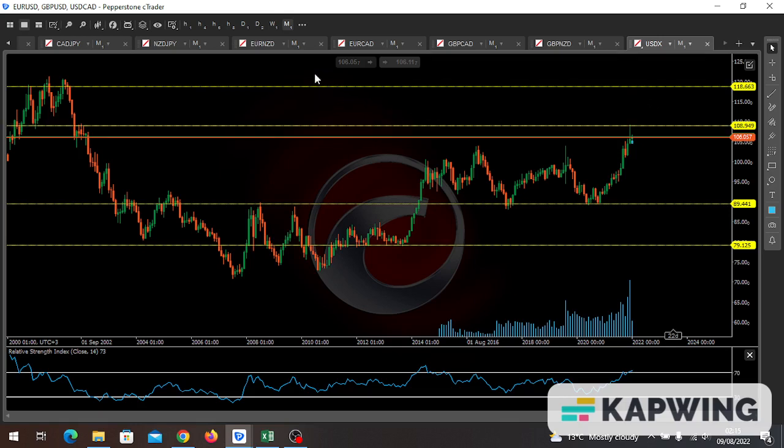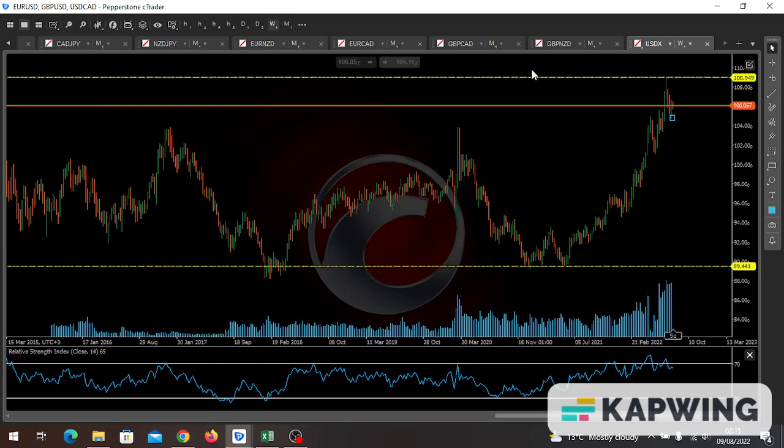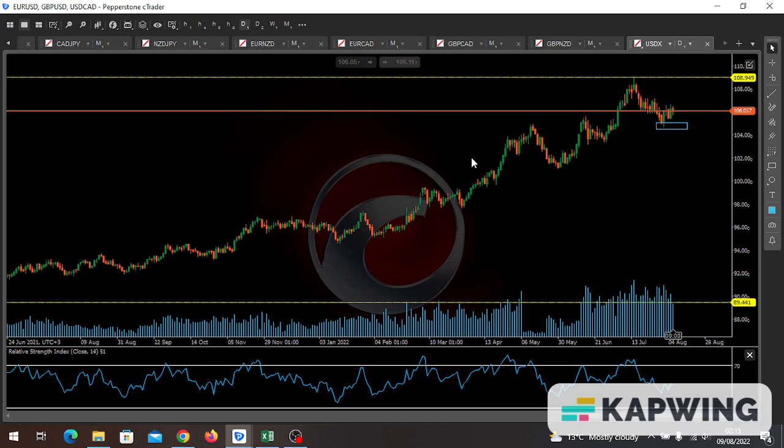But in the interim, if I come to the weekly analysis, the last couple of weeks we have had a bit of a retracement, as you can see, and last week's candle was a consolidation candle, giving us a signal of an upward direction. Therefore, if we go to the daily chart, price has been consolidating on this blue box.